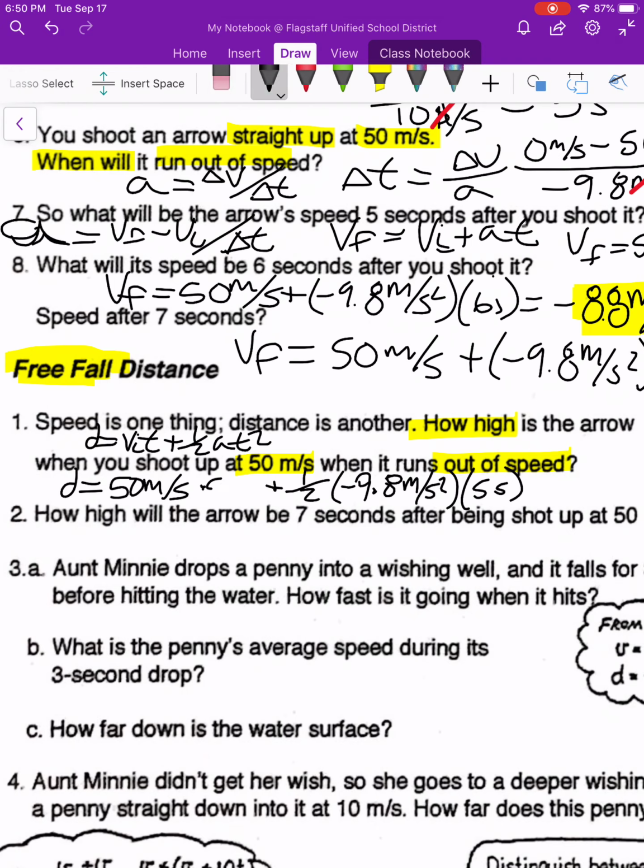Okay, 5 seconds. Correct? Yeah. Okay. So 9.8 times 5 seconds divided by 2, plus 250, right?